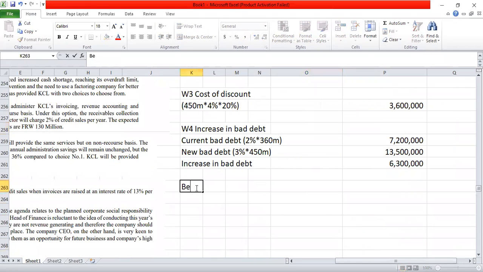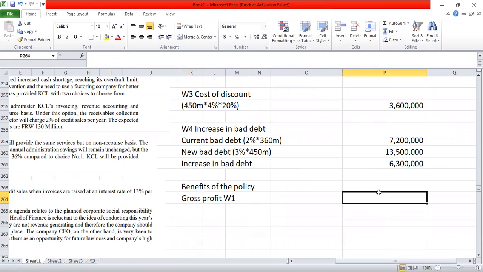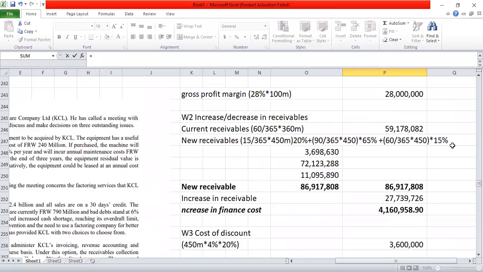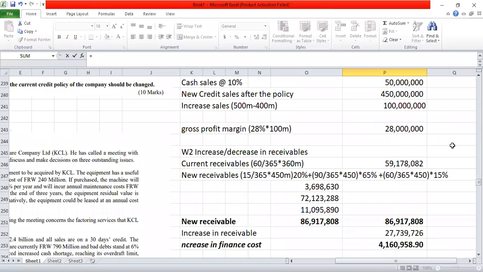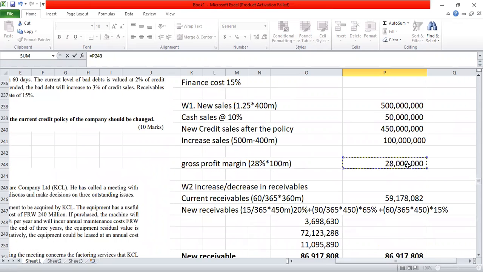So benefits of the policy: I have an increase in the gross profit, which is working one. Our gross profit, we got 28, something like that. It is here, 28.